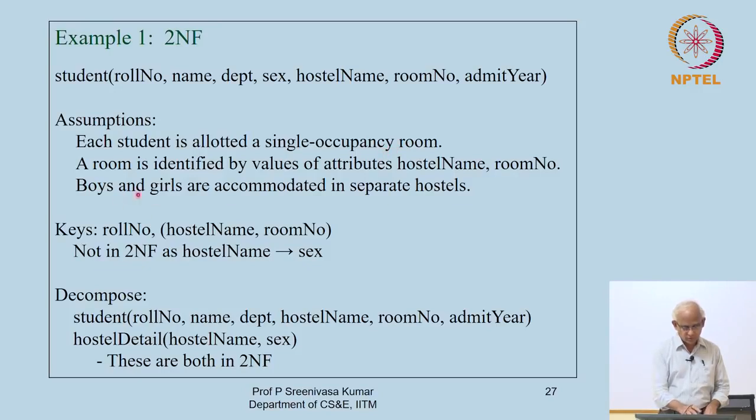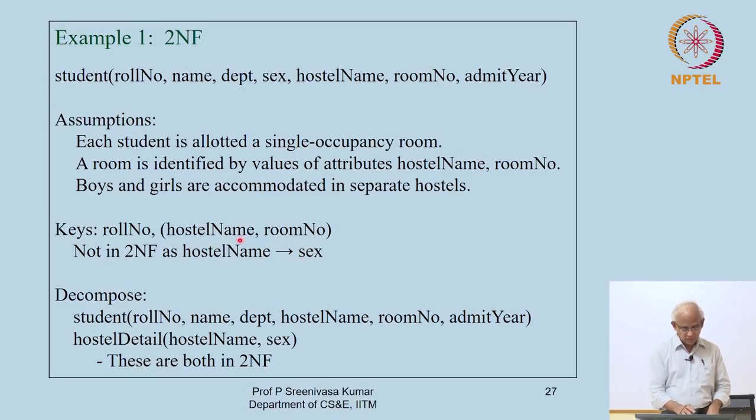And because of this policy that boys and girls are accommodated in separate hostels, there is an FD called hostel name determines sex that we have also seen earlier. Right. So given the hostel name, we can uniquely identify whether it is a boy or a girl.